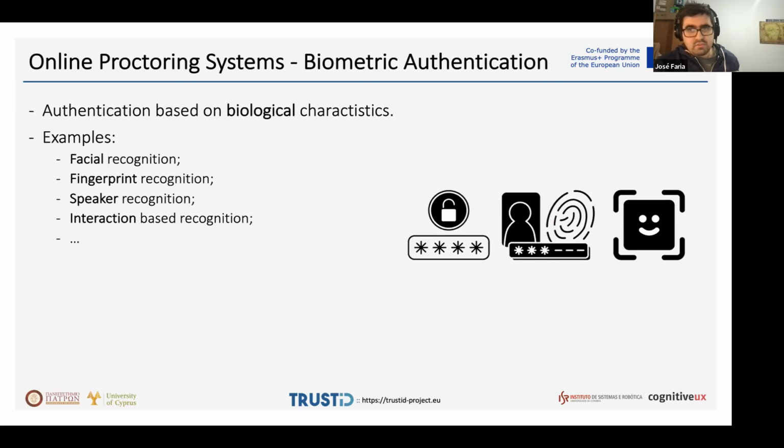Here are some common examples of authentication which we can find on our systems. For example, facial recognition. Many people here probably have an Apple device, for example, an iPhone. iPhone is very famous for their Face ID, which has been introduced in the last couple of years on nearly every iPhone.